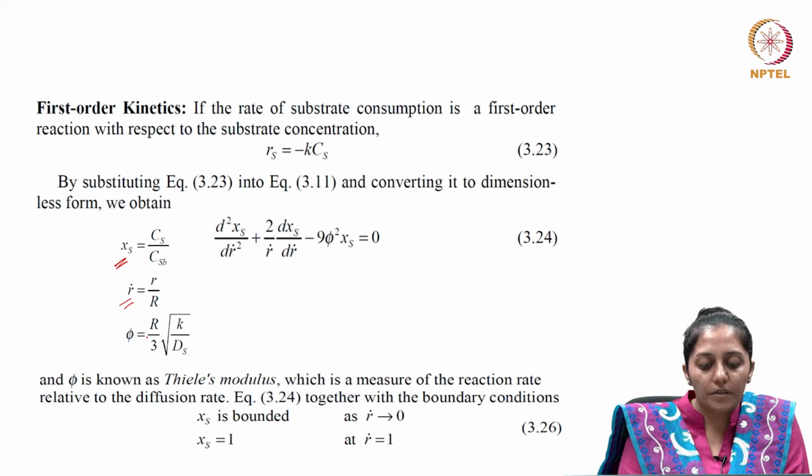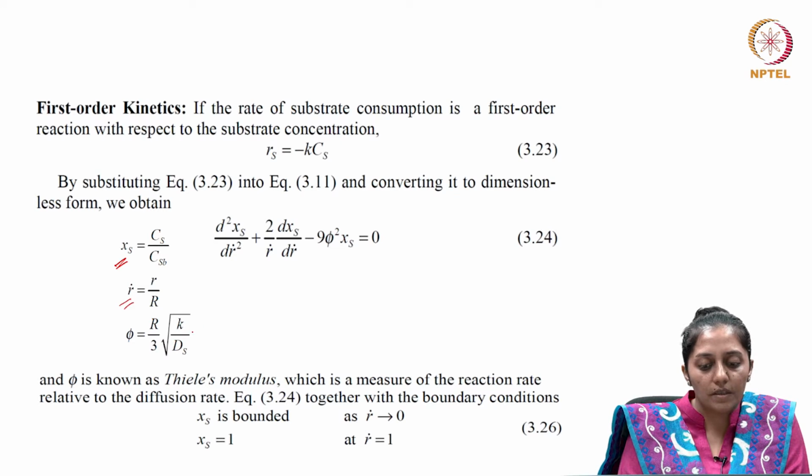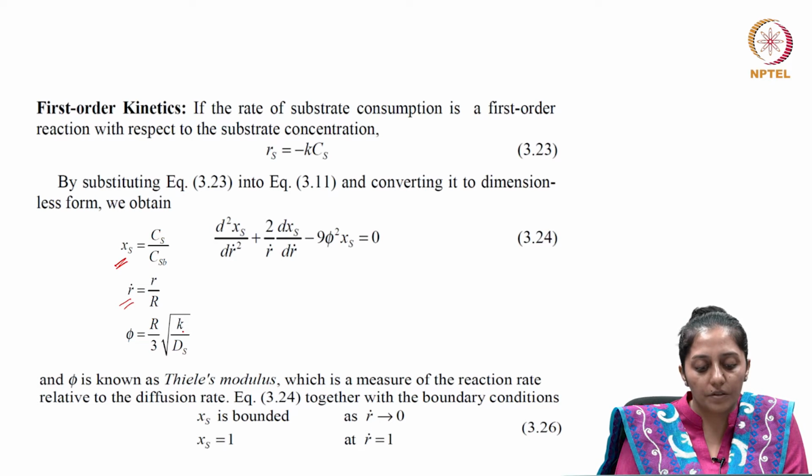And phi is a club of constants here after rearrangement. These constants include the reaction rate constant and the diffusivity with the radius of the pellet. Phi stands for this constant, which is called the Thiele modulus.